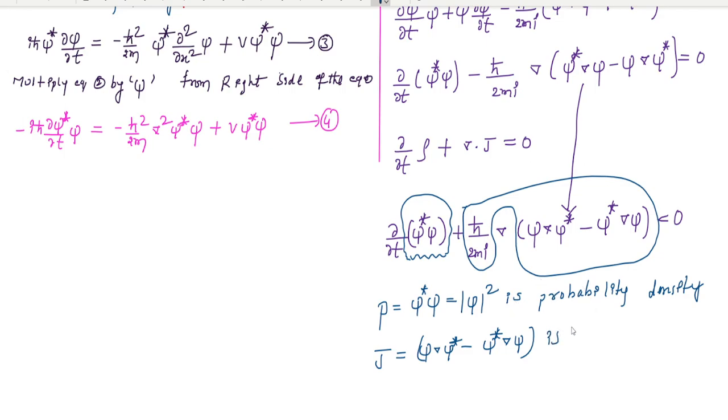This one is the current density. These are very, very important. There is a slight difference, which we'll discuss later, in relativistic quantum mechanics. For now, this one is enough.